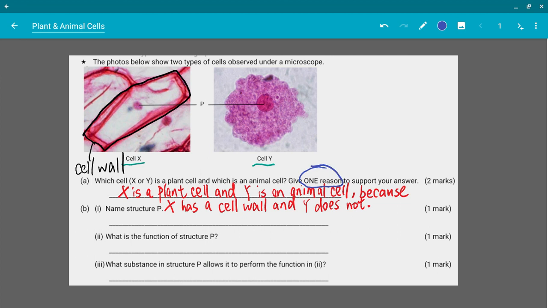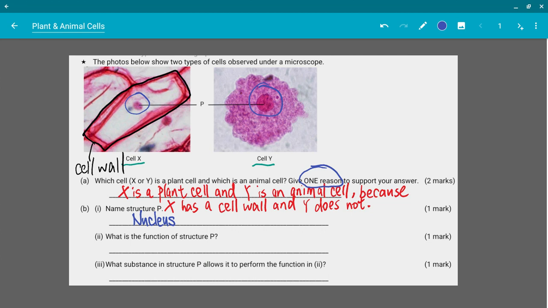Okay? Now let's read question B1. Name structure P. So structure P is this one over here for a plant cell and this one over here. What's the name of this? Yes, it is the nucleus. Let's read question 2. What is the function of structure P?